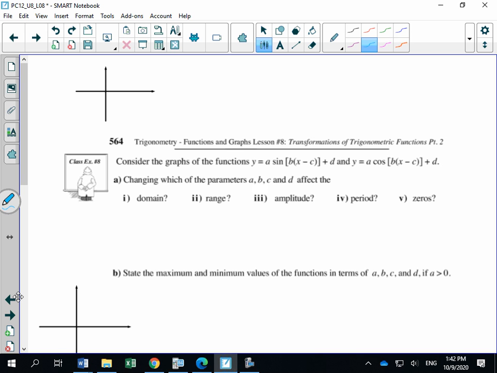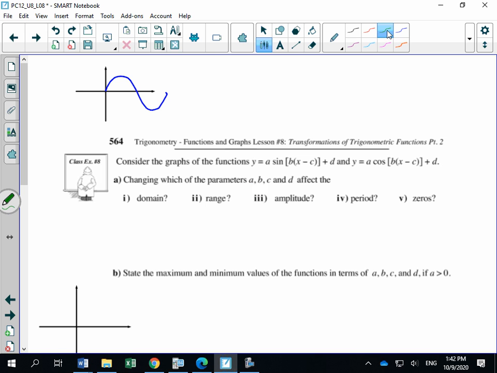We're going to be looking at the A, B, C, and D parameters of either a sine or cos graph, and we're going to look at which parameters affect the domain, the range, the amplitude, the period, and the zeros. So the first thing, again, I'm going to draw a standard sine graph, which would be this graph here.